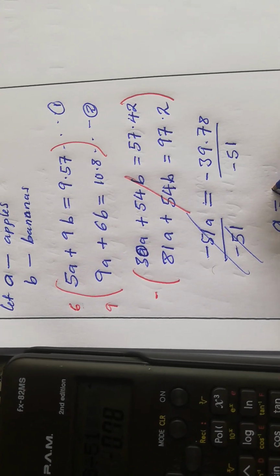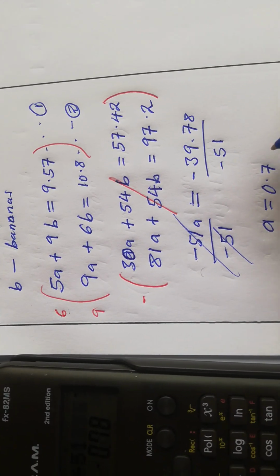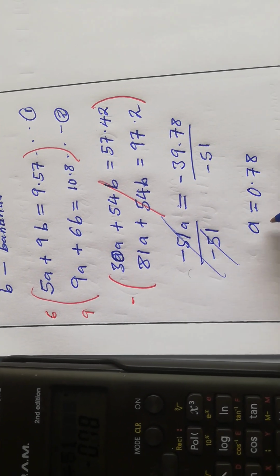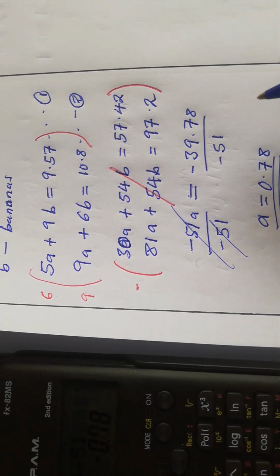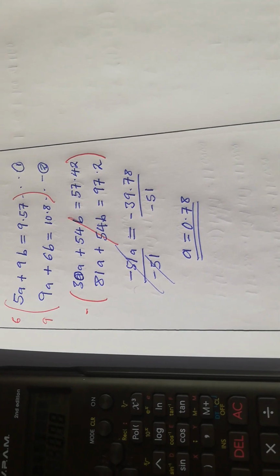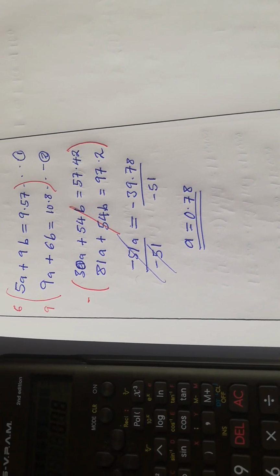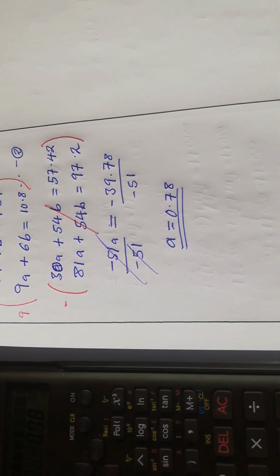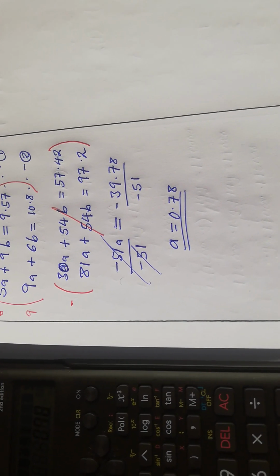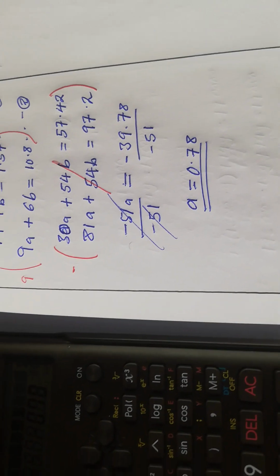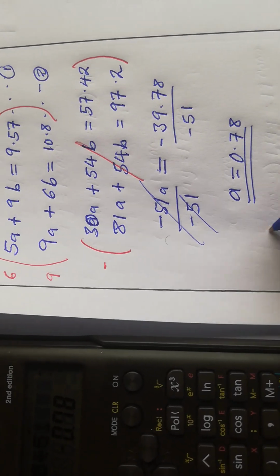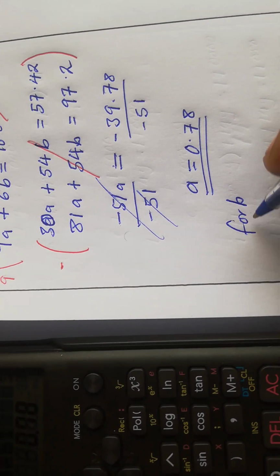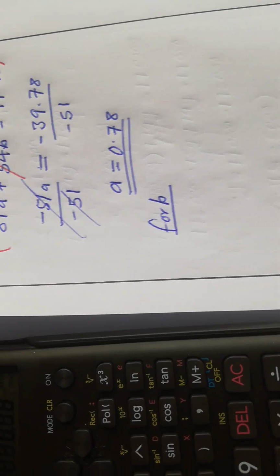So the answer is going to give us 0.78, which, in kwacha, is 78 ngwe. So the cost of an apple is 78 ngwe. What is the cost of one banana? For B, we are finding the cost of a banana.